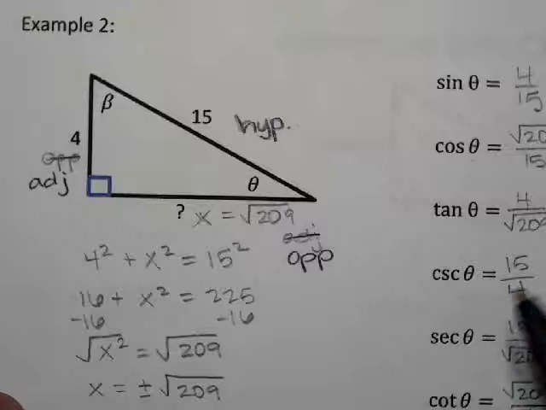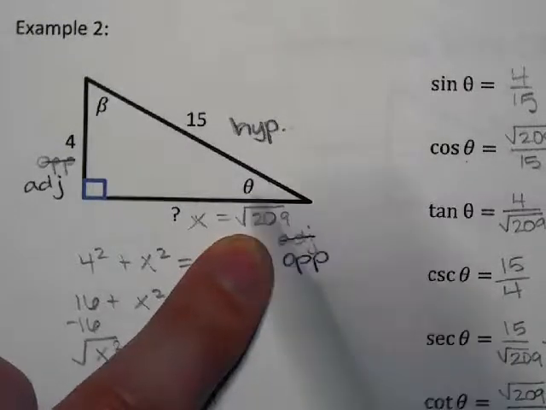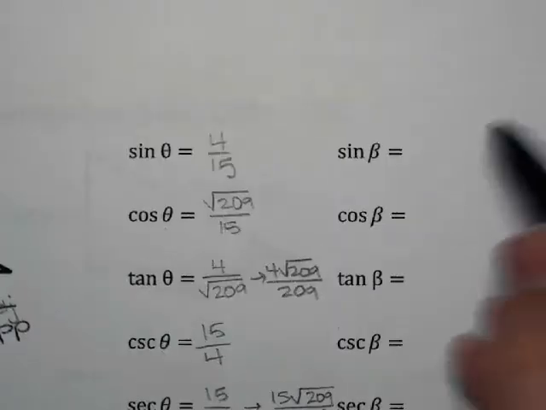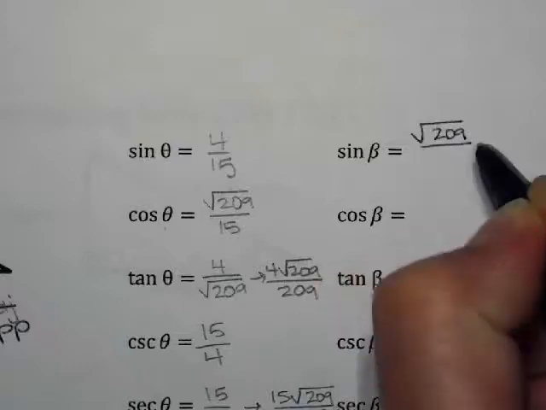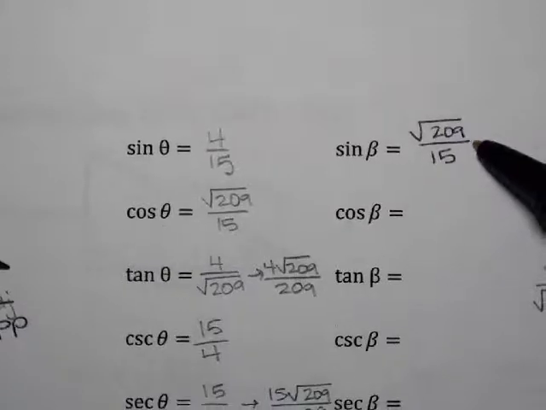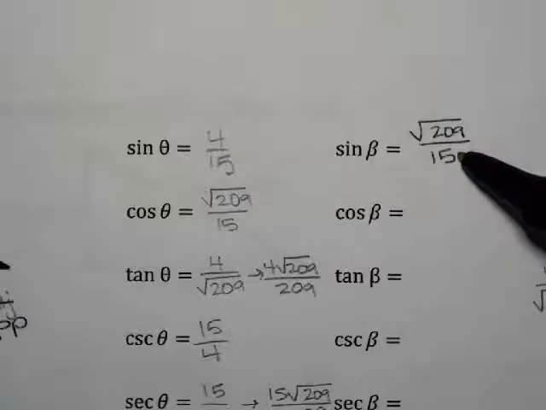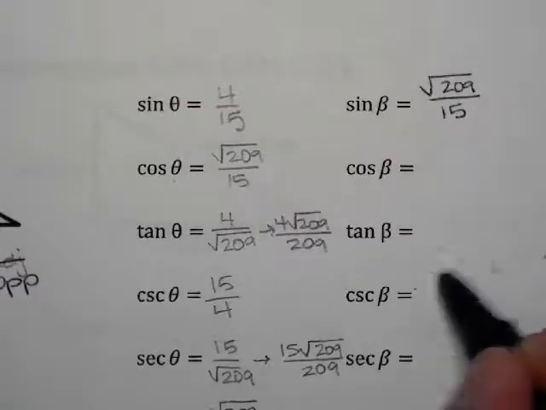Root 209 over 15. And then sine corresponds to what? Not cosine. It sounds like it is, but it doesn't. Cosecant. Okay, so we're going to take the root 209 over 15 and flip it. That's 15 over root 209.